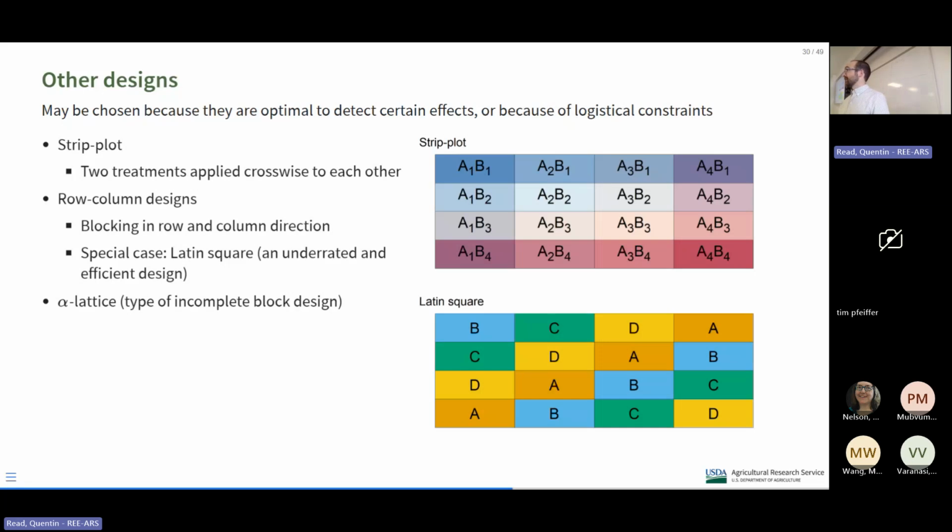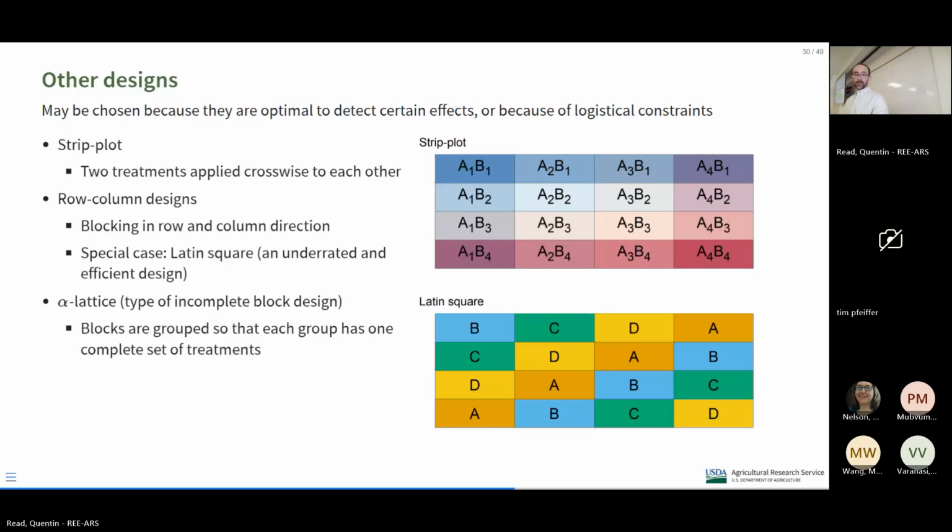Alpha lattice, you may have heard that term, is a kind of incomplete block design where the blocks are incomplete, but they are grouped so that each group of blocks has 1 complete replication. But it's set up so that it's balanced, where each treatment or genotype appears together in a block with each other one as evenly as possible.